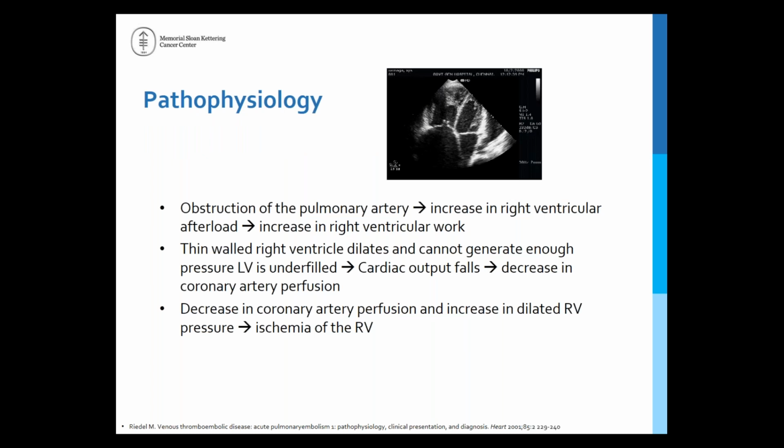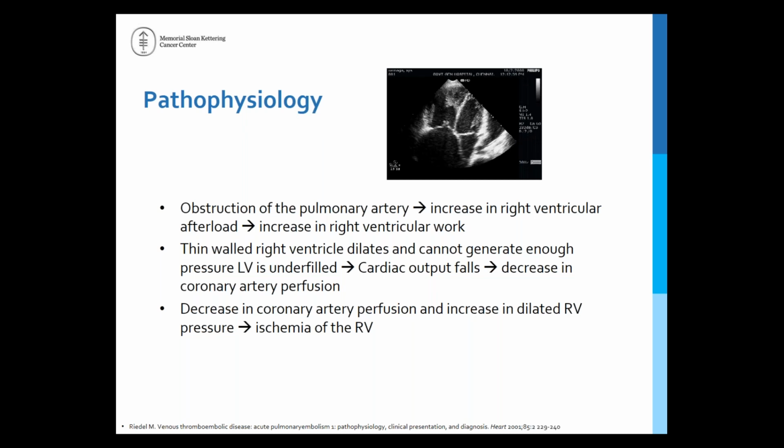What is the pathophysiology behind it? It's important that we know, because this pathophysiology, in fact, is the basis of why the interventional radiologist does what he or she does. So the right ventricular compromise is why we do our intervention.